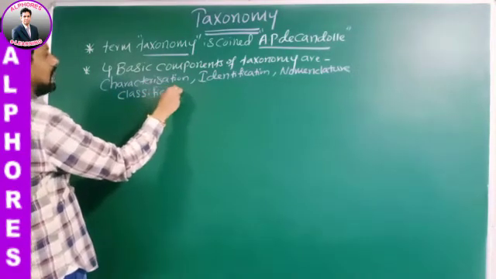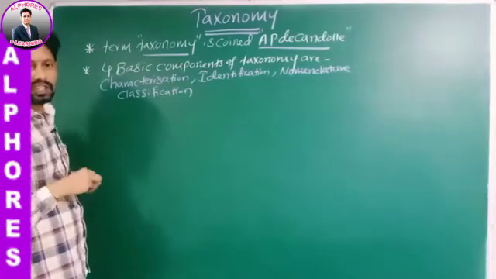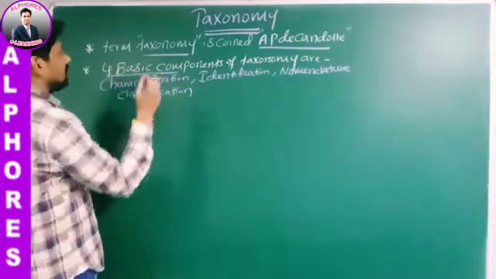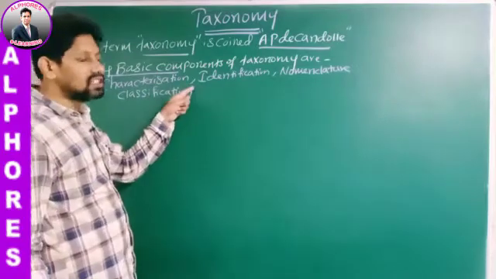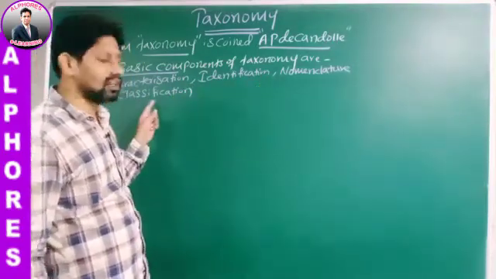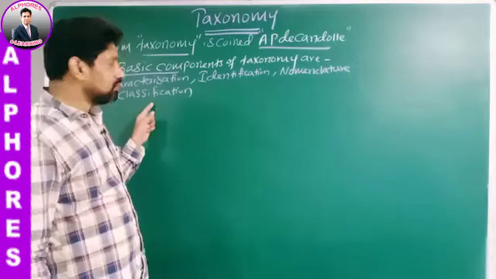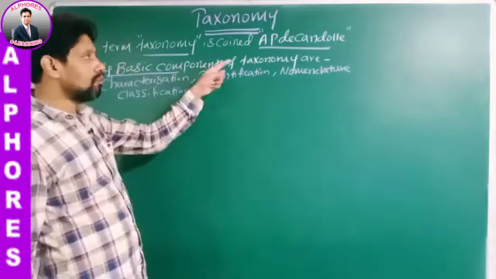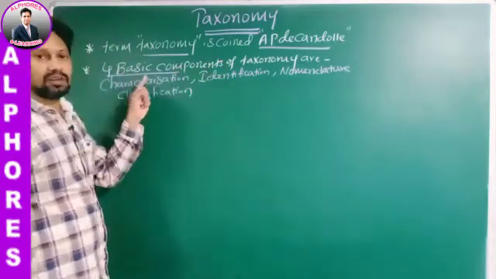Therefore, characterization, identification, nomenclature and classification are the four basic components of taxonomy.